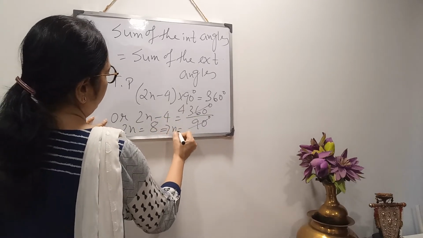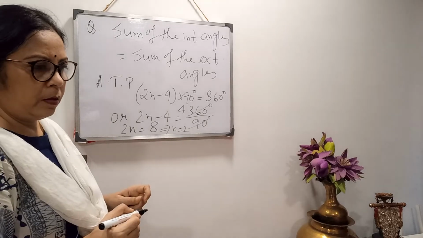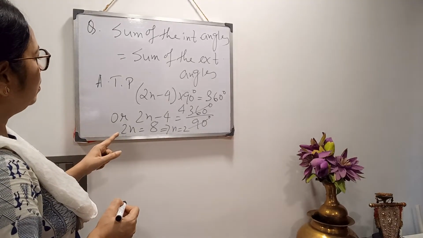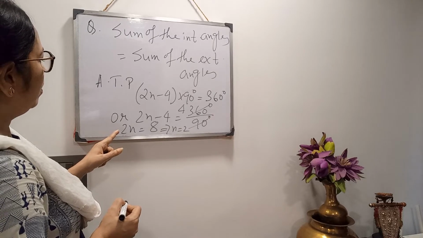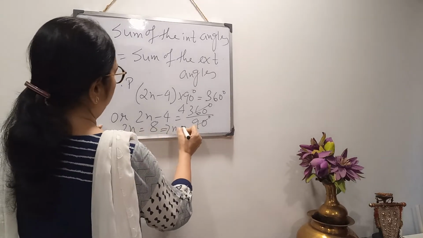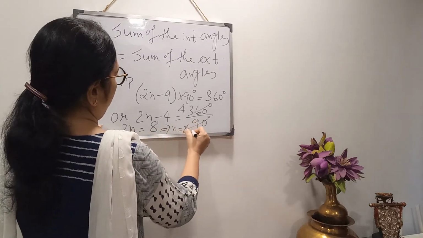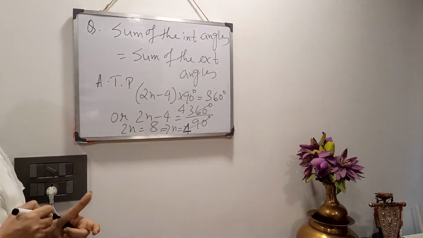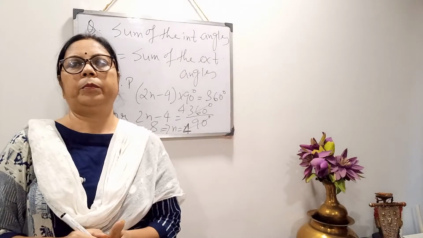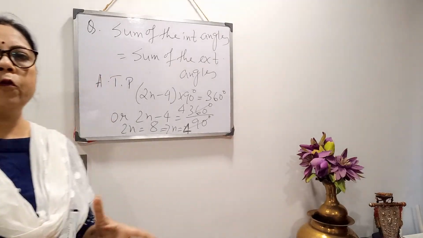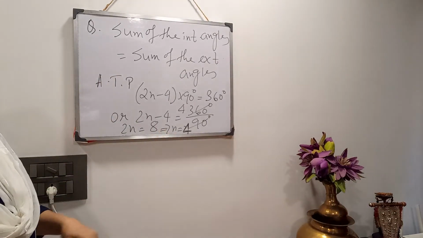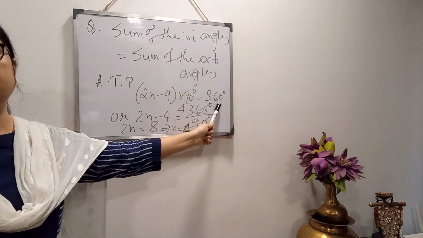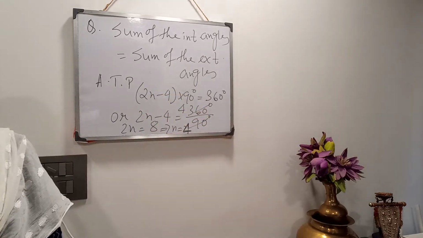Sorry, n equals 8 divided by 2, 4. So the number of sides of the polygon is coming 4. Clear? So you will keep it in mind that the sum of the exterior angles is always 360 degree. Clear?